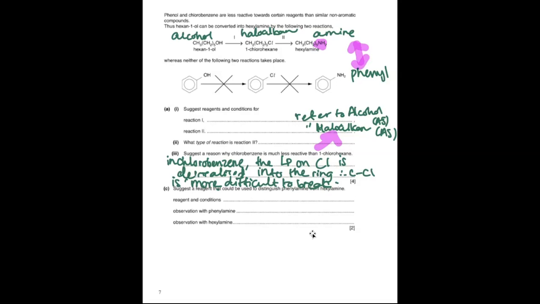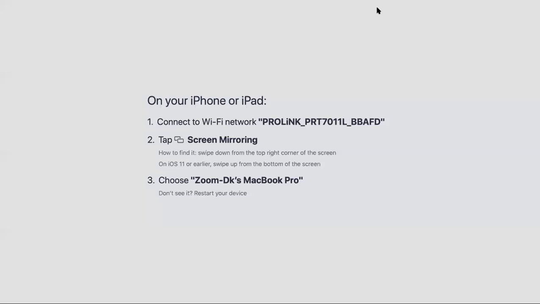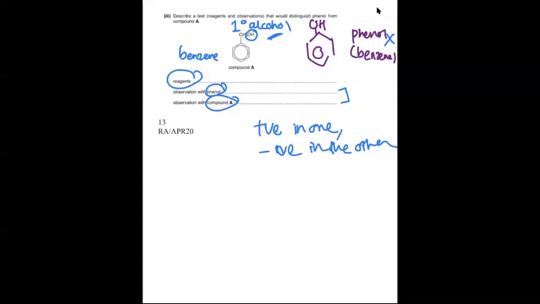If they're the same, then you wouldn't be able to tell. Hold on, I just realized that the screen is not, yeah. Okay, so positive in one and negative in the other. The observations need to differ with these two compounds.